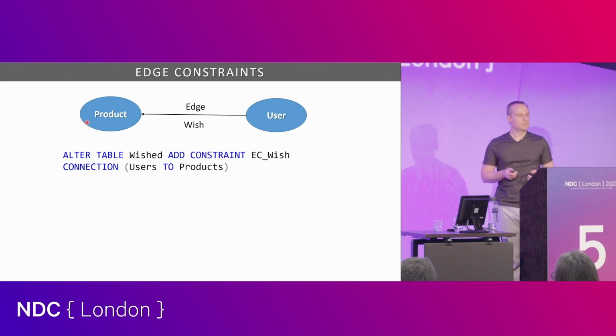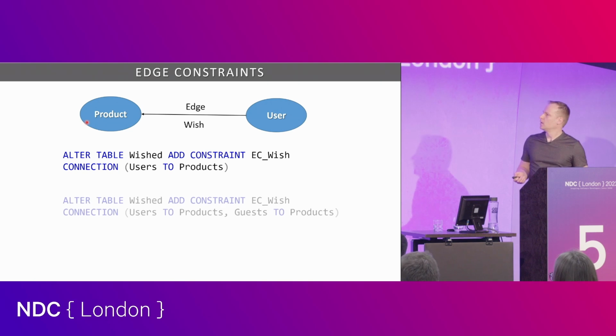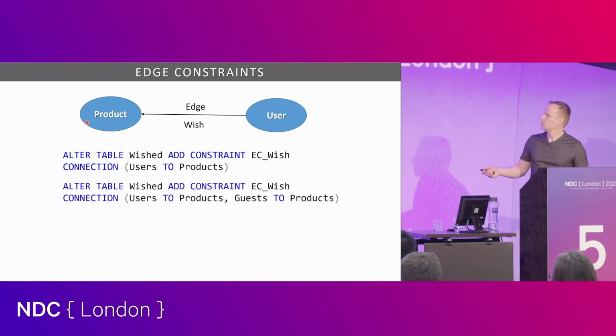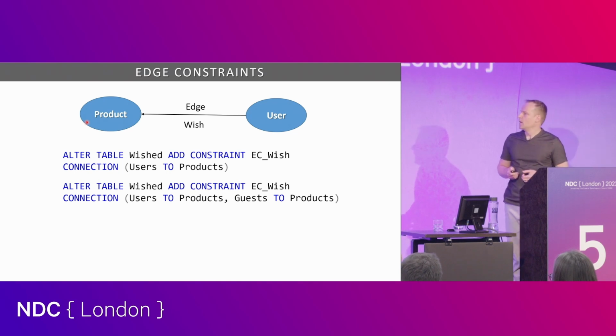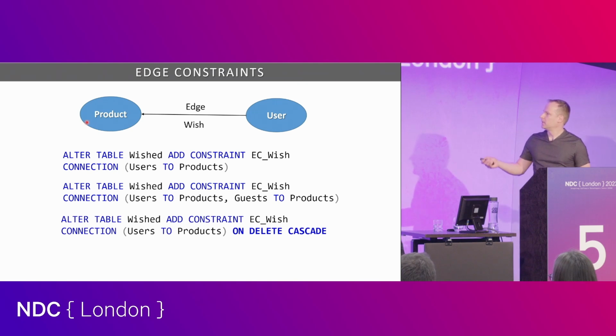As you can see, you can add one. What I'm saying here is I want to add a constraint, and my connection for wished should be going from users to product. If you want to have multiple for the same one, you can add a couple of them here. You can also control what is going to happen if somebody deletes one of those users or products.